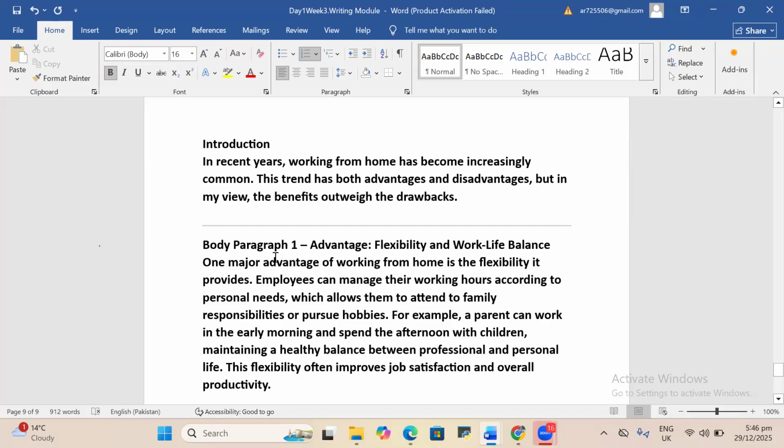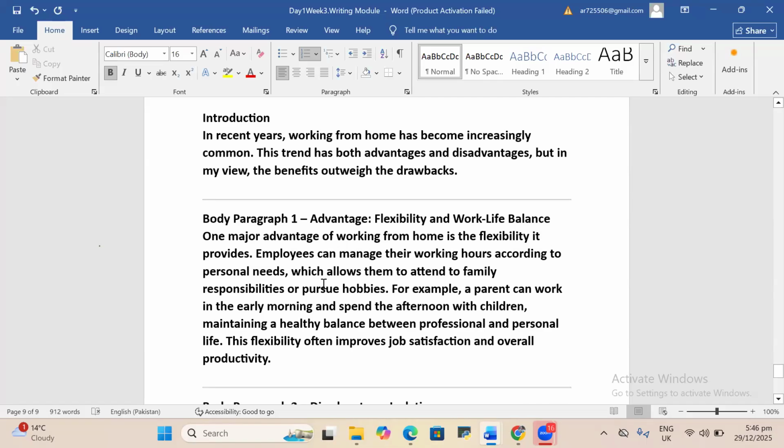In the first paragraph, you describe the advantages of working from home. The first one is your topic sentence: flexibility and work-life balance. So in the first sentence: one major advantage of working from home is the flexibility it provides. Mean, this is your topic sentence. And then in the second sentence you explain your first sentence.